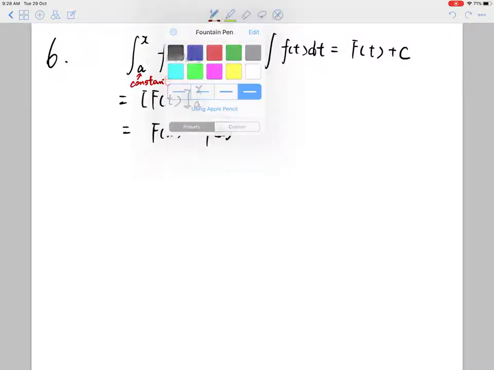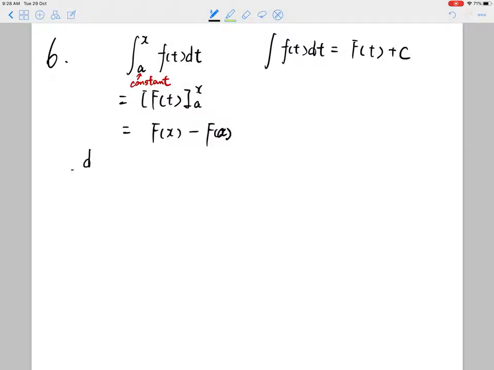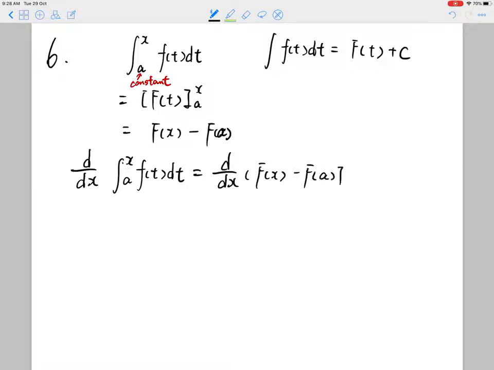Then you differentiate this integration by x. It's the same as differentiating capital F(x) minus capital F(a). Capital F(x), you differentiate, it will be just f(x).